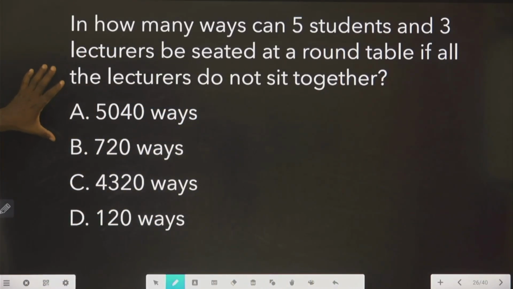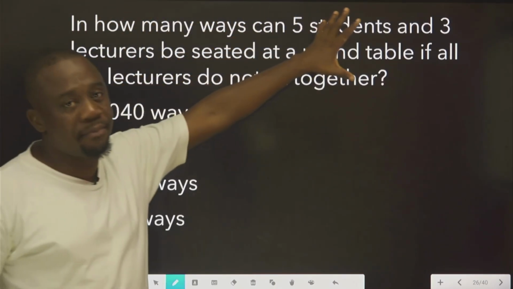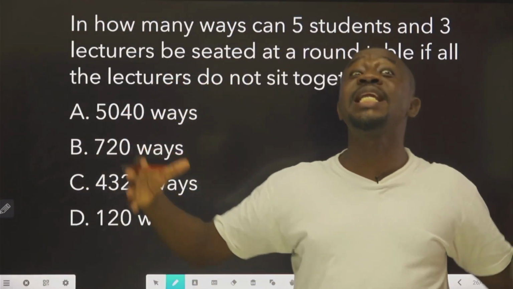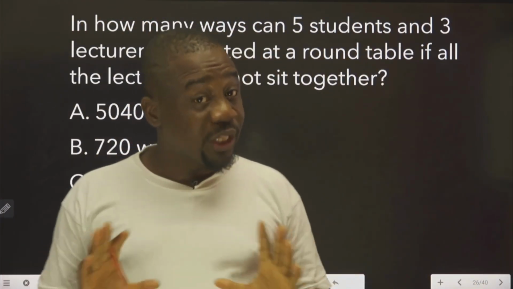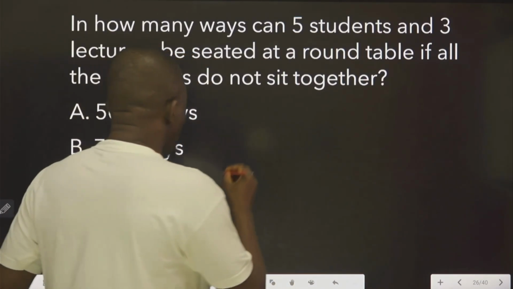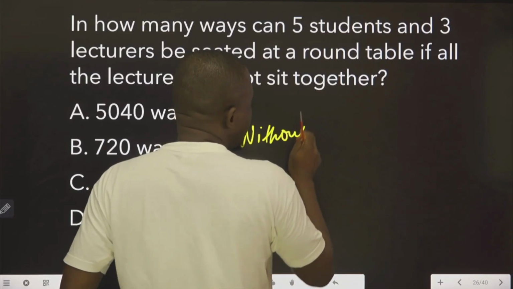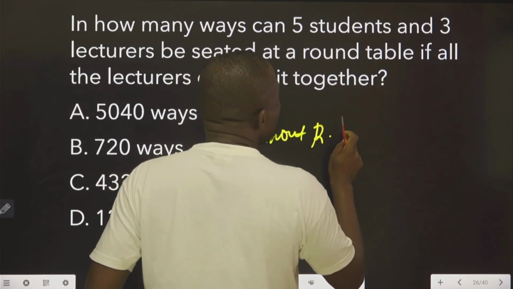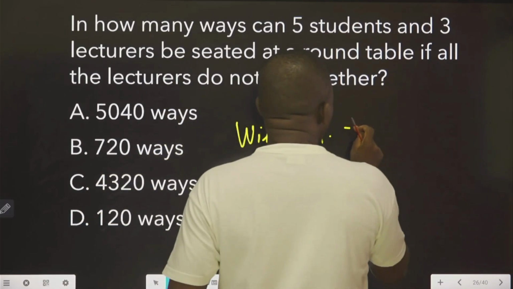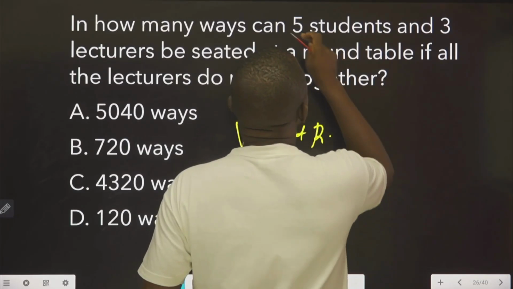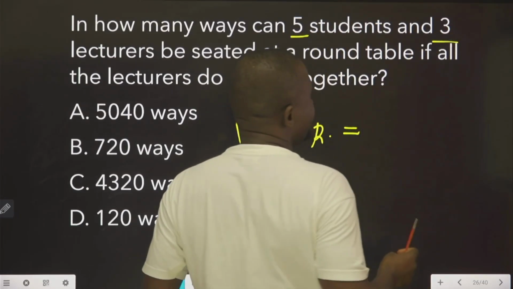First of all, we are going to consider that all of them are going to sit together without any restriction. Without restriction is equal to everybody, that is 8 of them.